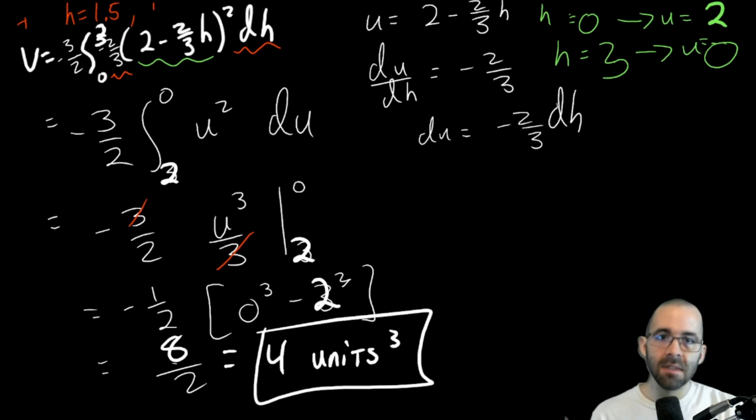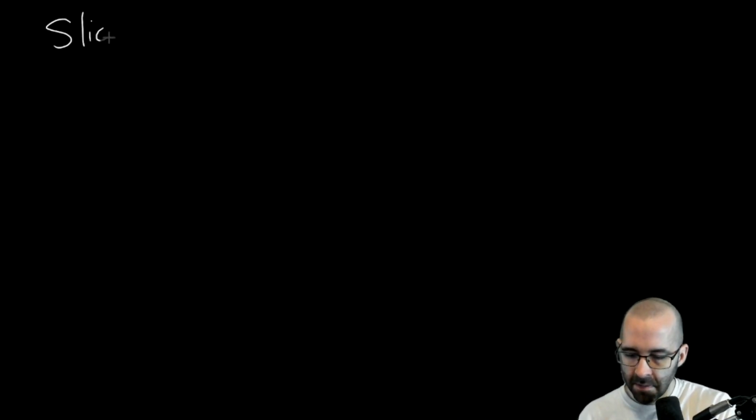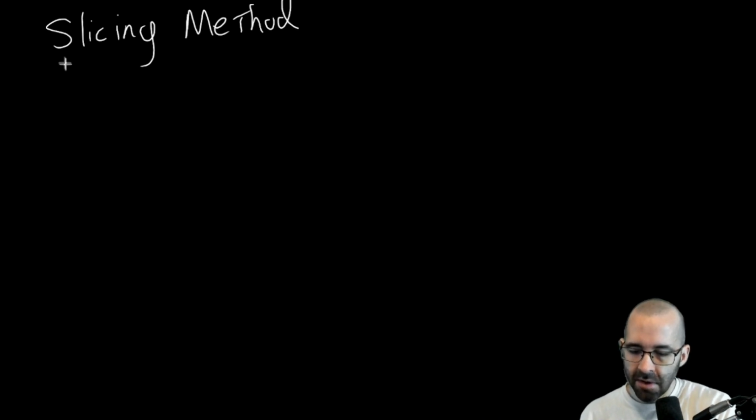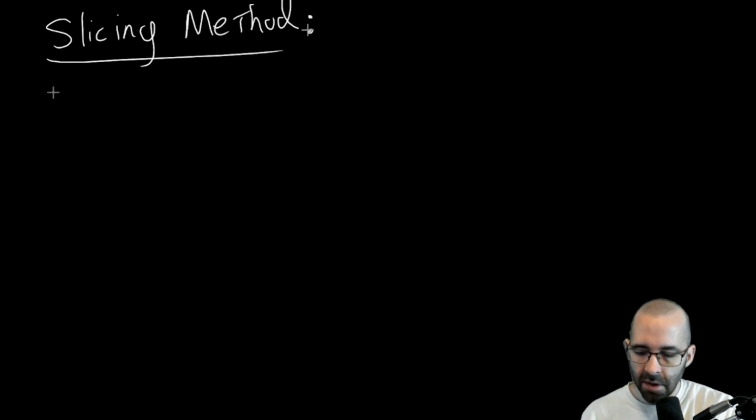So let's formalize this and finish this introductory video and get you the tools for us to maybe more clearly work this stuff out. All right. So here's the slicing method. I'll introduce it and show that we were actually doing it.